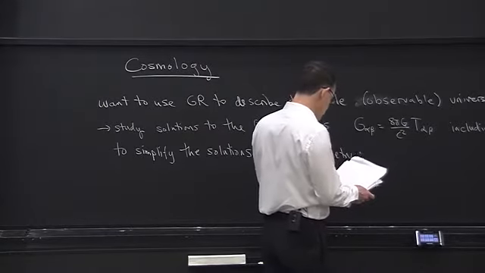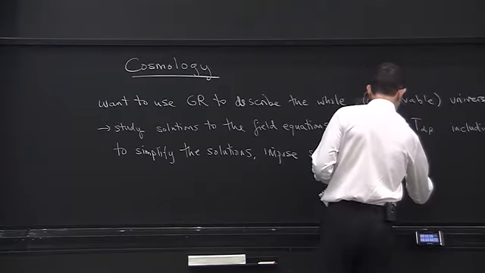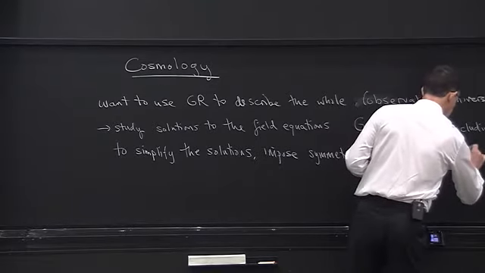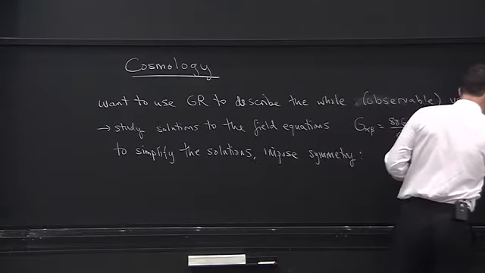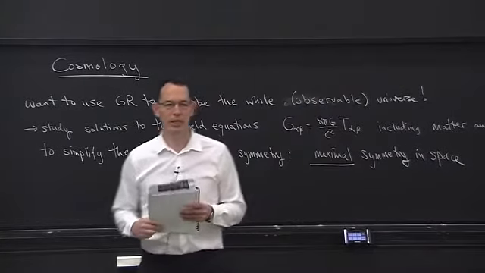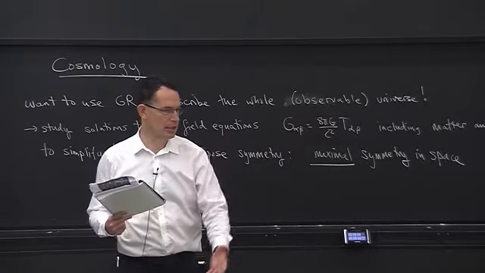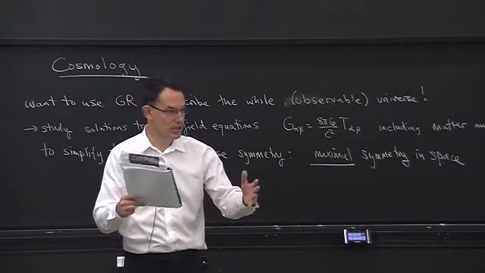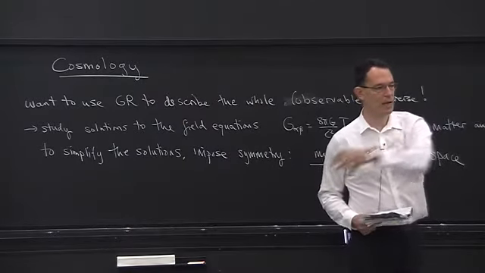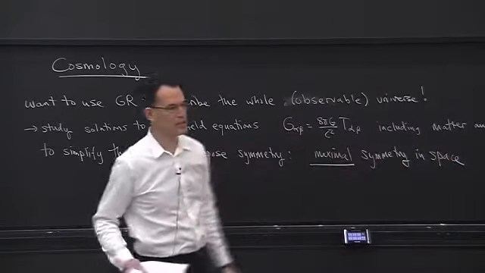So the symmetry we'll impose is maximal symmetry in space. Okay, so maximal symmetry, so we look around us, we see a universe that seems to be pretty much the same in all directions, on average. Okay, the density of galaxies on one part of the sky and the other part of the sky are very similar. The temperature of the microwave background is very similar.